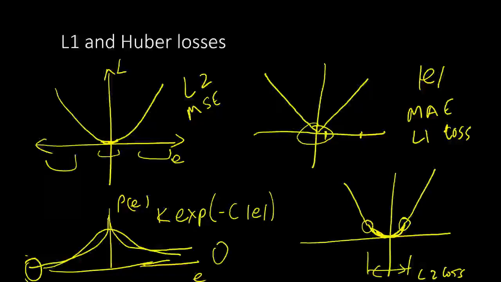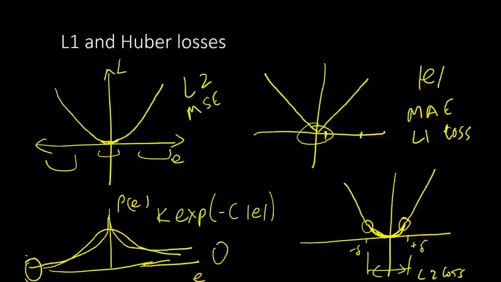The size of the trough we will call delta. So this is, let's say, from minus delta up to plus delta. Within plus minus delta we are going to have a parabolic, or L2, loss. When the error is less than minus delta or greater than plus delta, we are going to have an L1 loss.